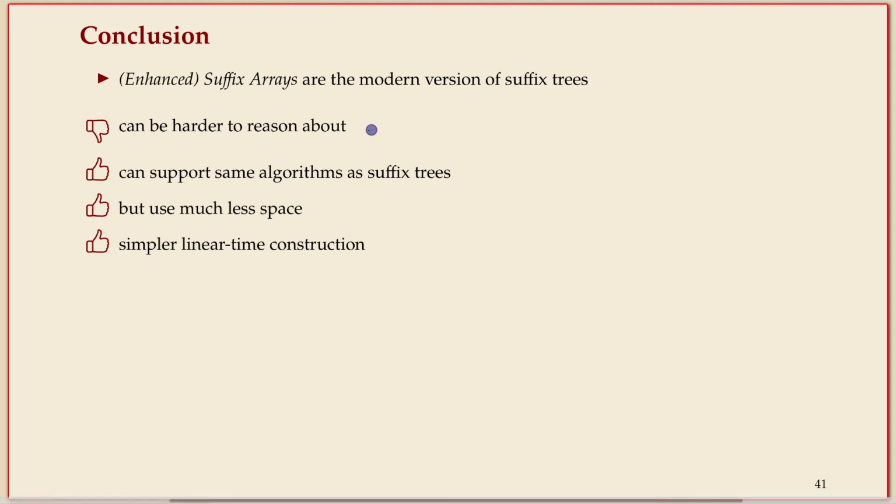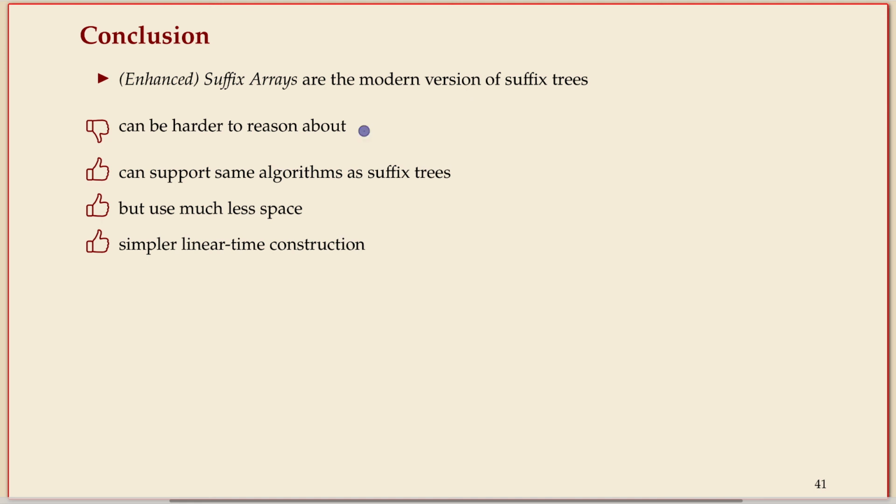That's my last point for this one. These two things together, the suffix array and the LCP array, and sometimes a few extra data structures to help work efficiently with them, that's called the enhanced suffix array. And in a way, that's the modern version of suffix trees.